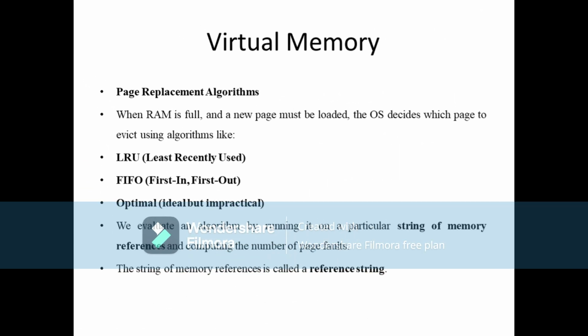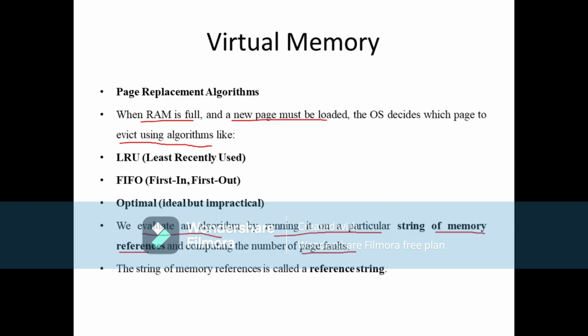Let us see what we mean by the page replacement algorithm. When RAM is full and a new page must be loaded, the operating system decides which page to evict using algorithms like LRU, least recently used, FIFO, first in first out, or the optimal page replacement algorithm.